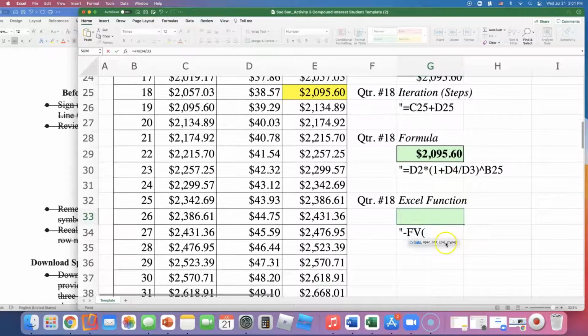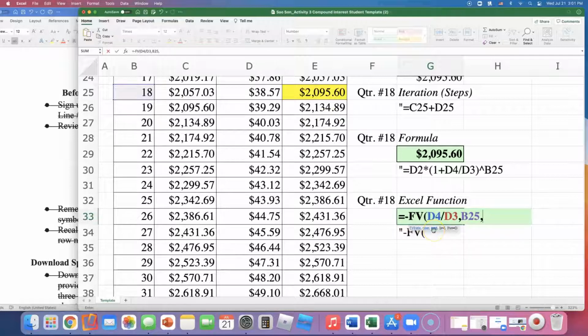So the first one: negative sign, future value, open parenthesis, rate is APR divided by 4, comma. How many compounding periods? Here we're looking for quarter 18, so I'm going to click on quarter 18. We're going to have 18 quarters, 18 compounding periods.